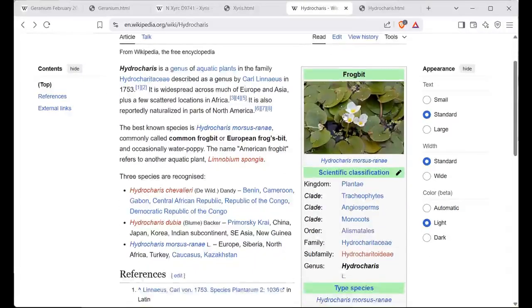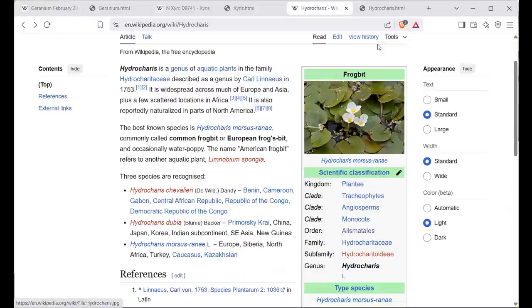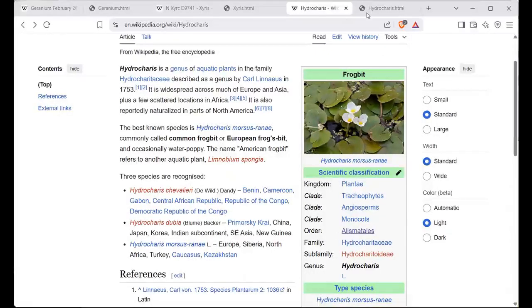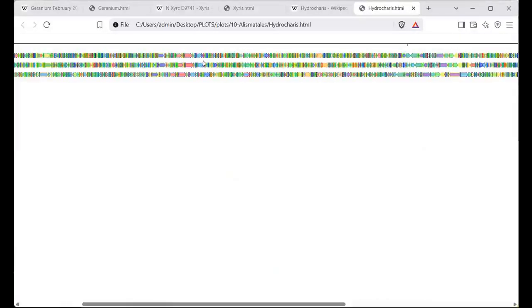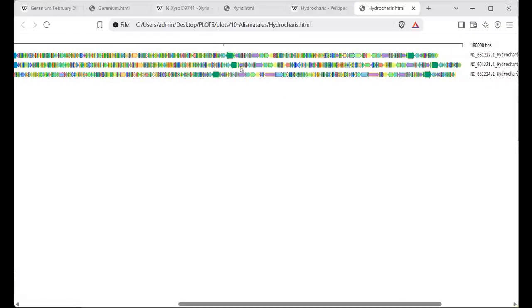It's Hydrocharis. It's an aquatic plant, and it's a genus of the order Alismatales. You can see the PGR-TK plot. Once again, it's highly fragmented. There are some bits of conservation like these blue, and then maybe these ones. And this is probably the inverted repeat because you pick this side, you get the other side.